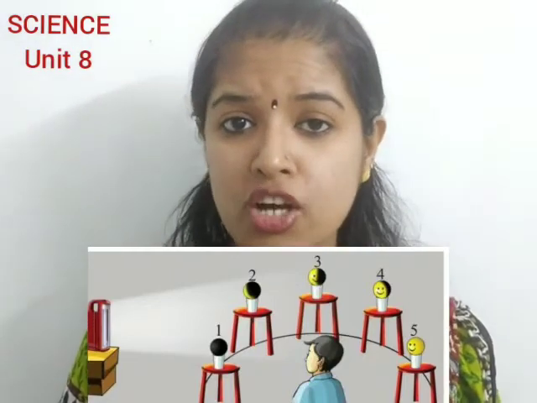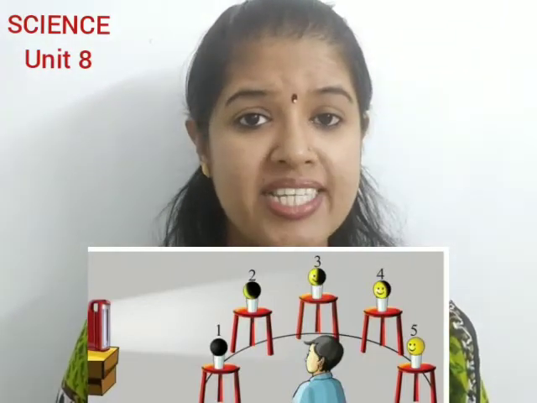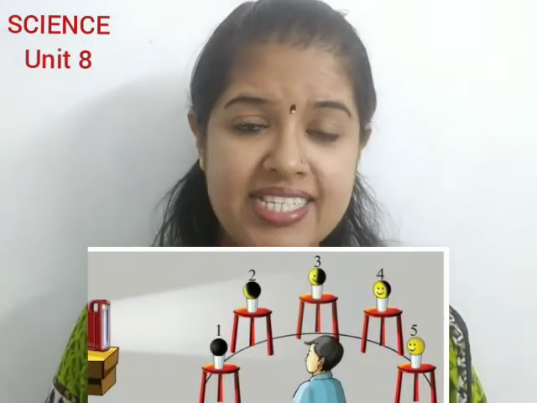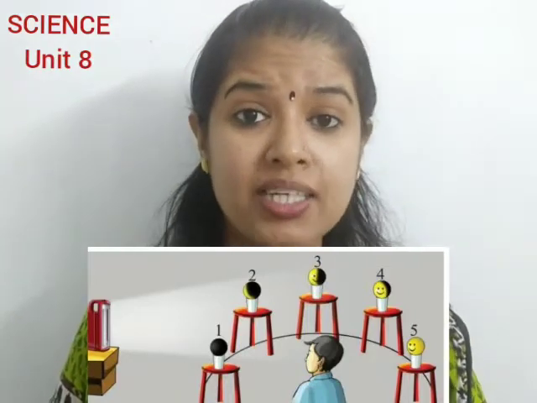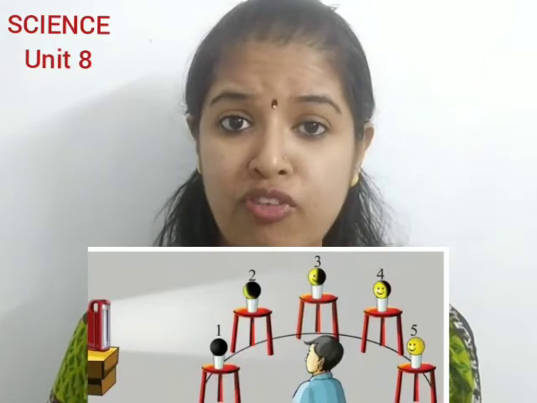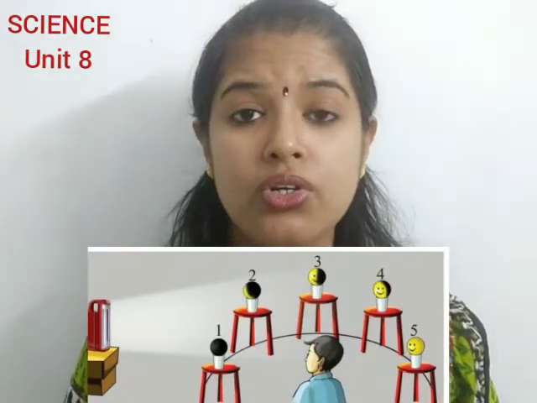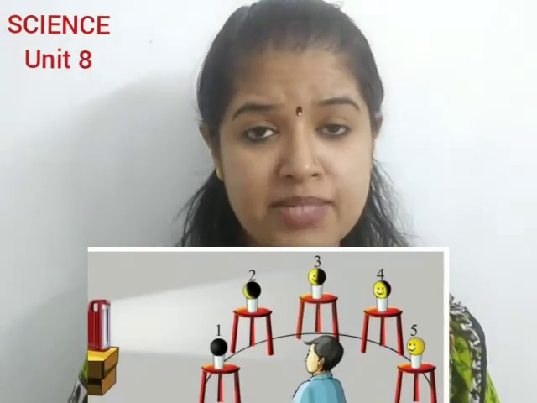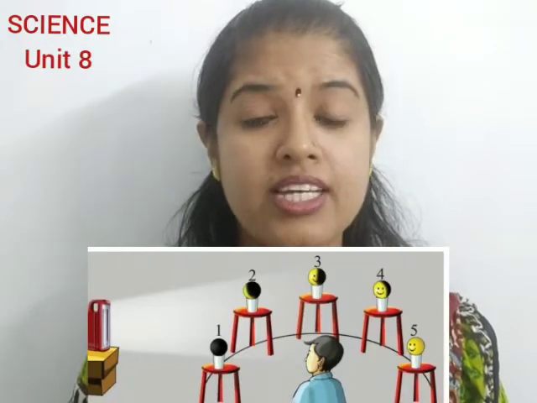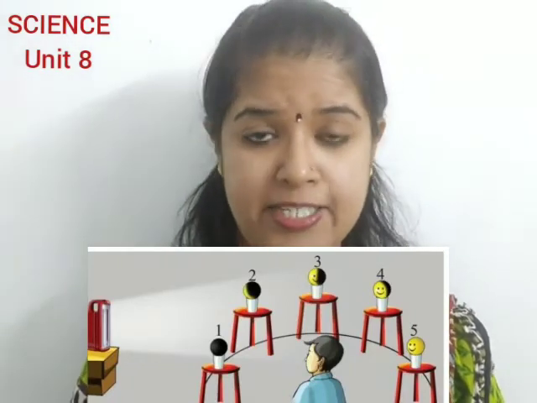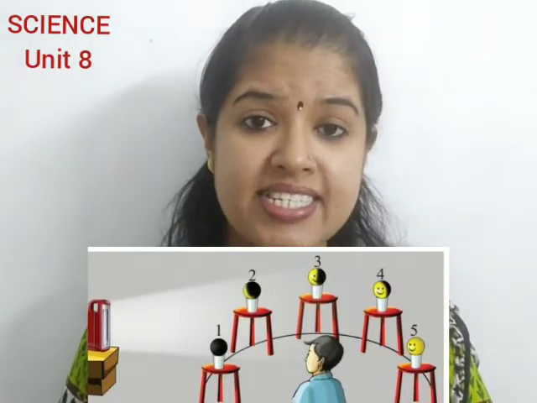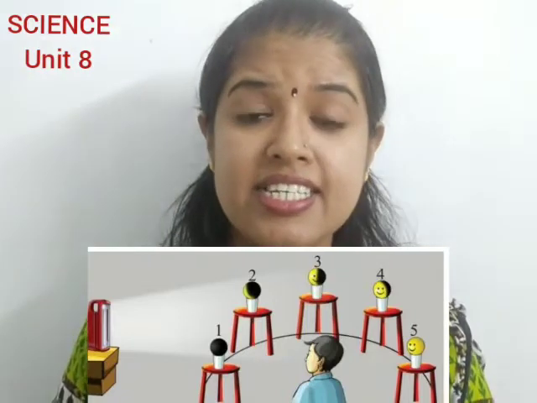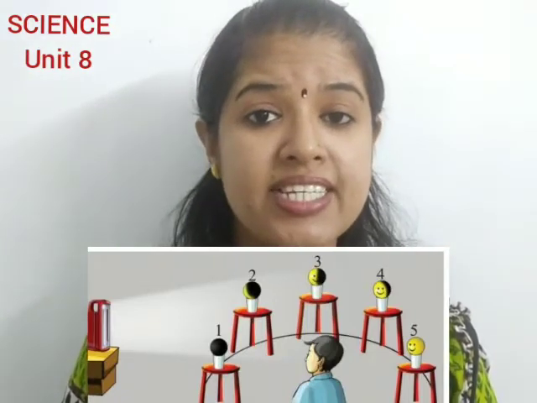Now we switched on the emergency lamp, as you can see from the picture. We have marked the positions also, 1, 2, 3, 4, 5. From this we can understand that the ball in the first position is not getting any light, because here the emergency light is considered as the sun's rays. So here we see that this first position moon is experiencing a new moon day.